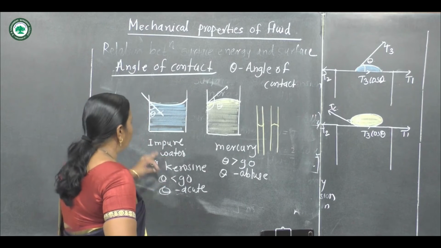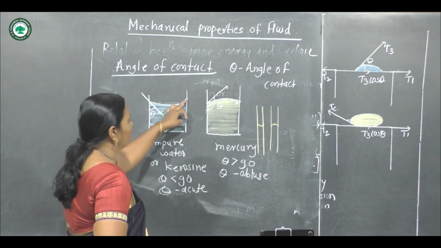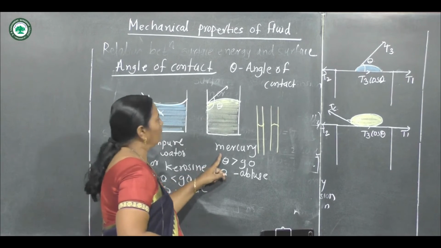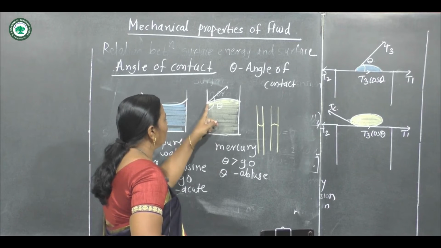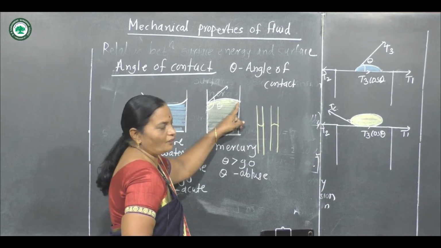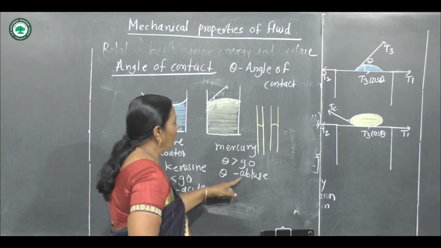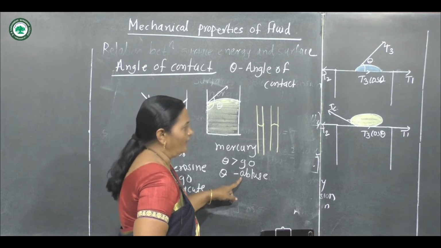In case of impure water or kerosene, the free surface of liquid is concave. In case of mercury, the free surface is convex. That is, the angle is greater than 90 degrees and it is called obtuse.